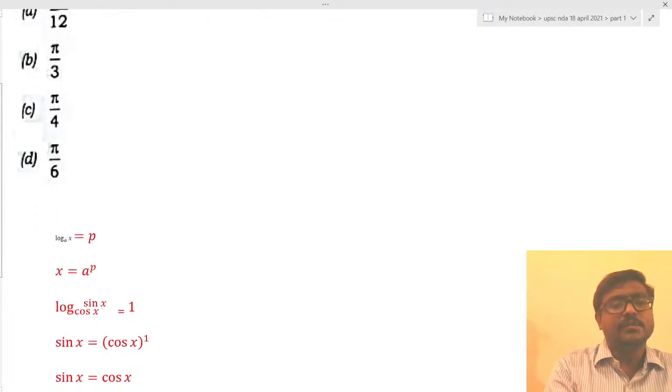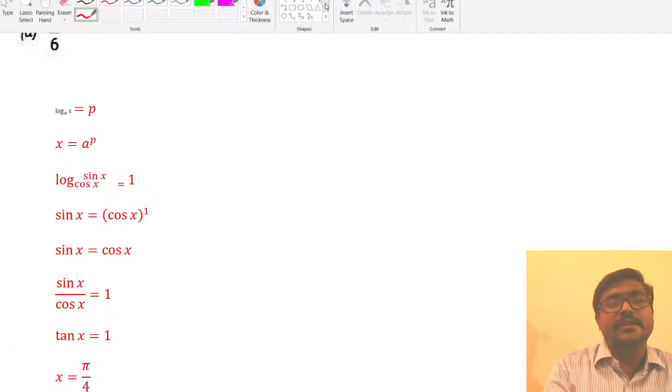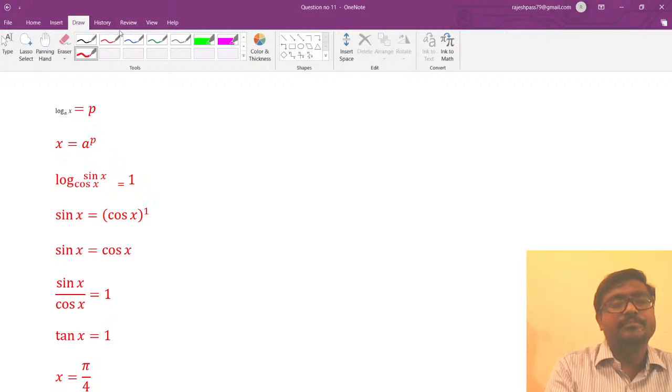Simply, I have written here log x base a equal to b. If it is log x base a equal to b, the letter is a little small, we will make it big.